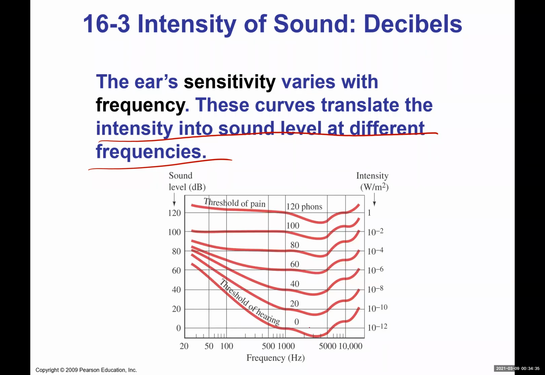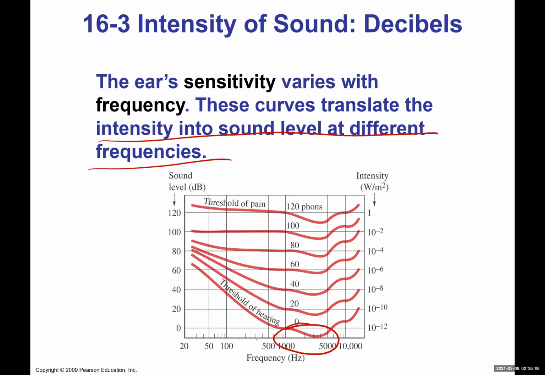Generally we are more sensitive in this region, somewhere between 1,000 and about 5,000 hertz. This is represented in units called phones, which is a sound loudness level. And it shows that the frequency dependence we see over here is not linear. It's kind of logarithmic.